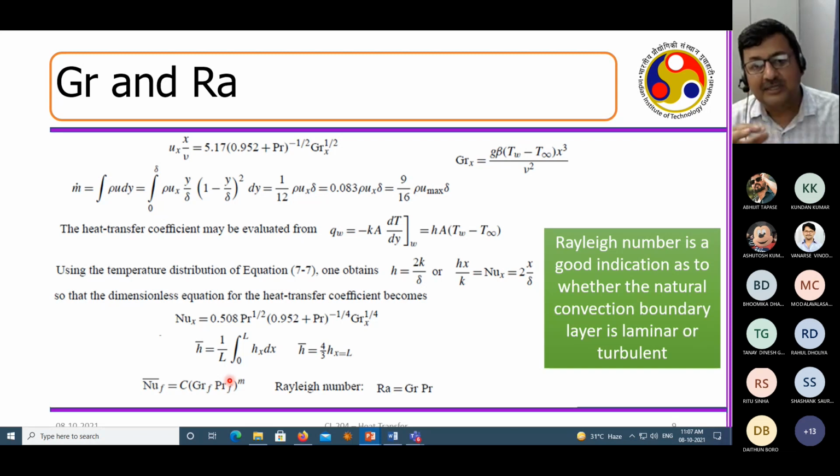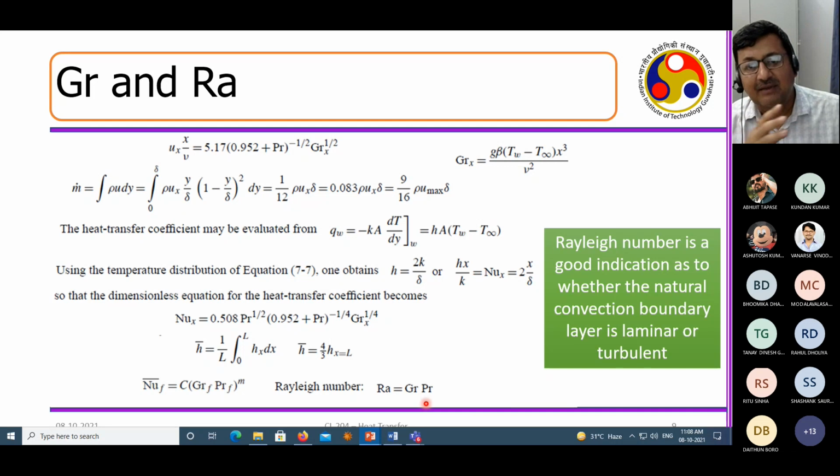First, determine the driving force, which is the buoyancy force here, and the restrictive force, which is the viscous force. Then we need to find out whether this natural convection is laminar or turbulent. That is decided by another dimensionless number, the Rayleigh number, which is the multiplication of the Grashof number and Prandtl number.